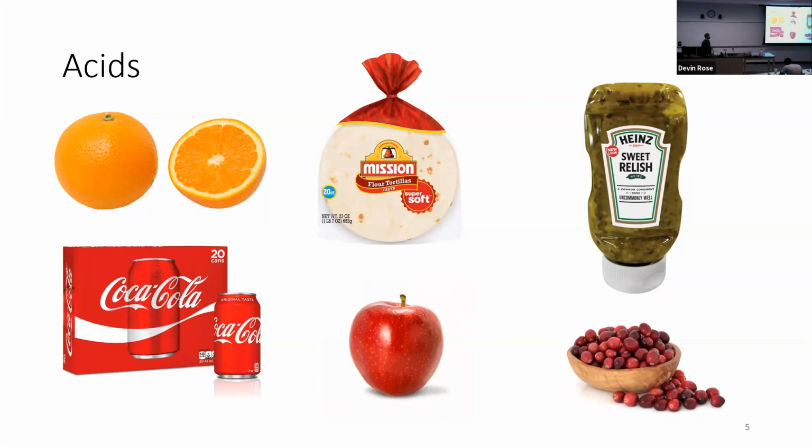I mentioned already in the apple, what's the predominant acid there? Malic acid, yeah. And then I have some cranberries there. Principally the acid in cranberries would be citric, just like the oranges.